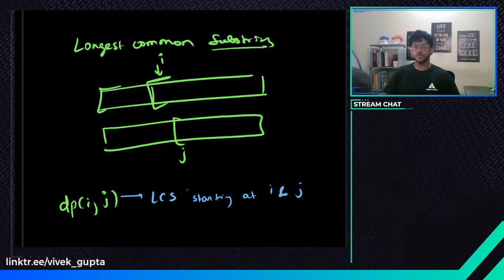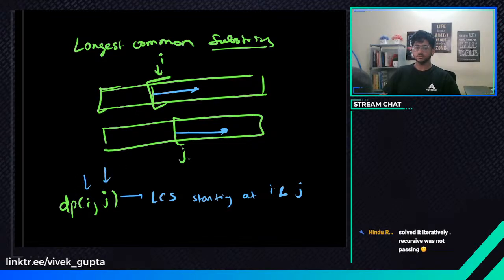So the meaning is a bit different from the subsequence. What is the longest common substring that starts over here and starts over here. And we will take the maximum across all different values of i and j.